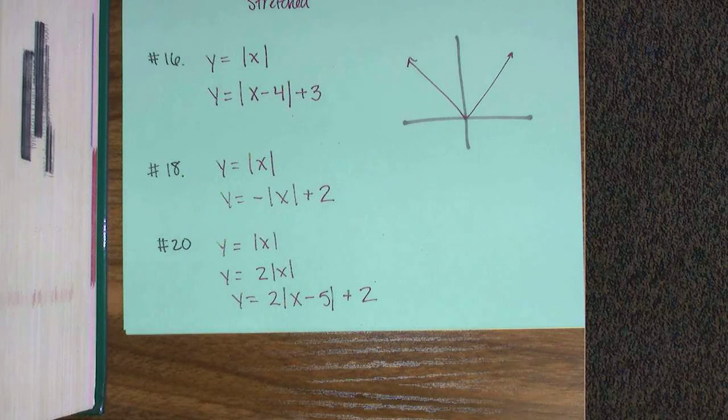I, a lot of times, do write them in separate steps just so I can keep up with it. Absolute value ones is not as critical, but like parabolas and stuff, when we get to that part, it does matter. But yeah, that's fine.